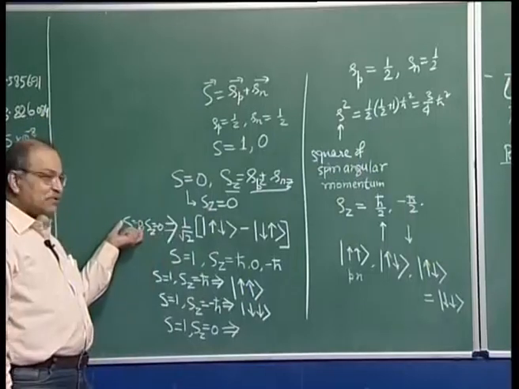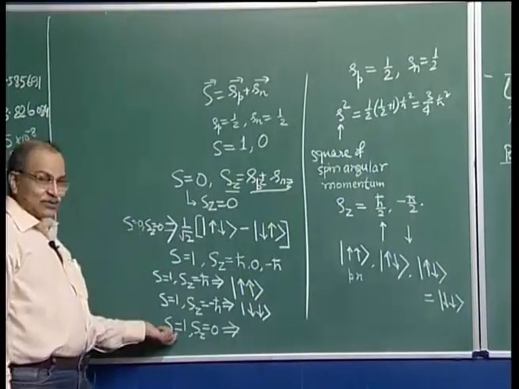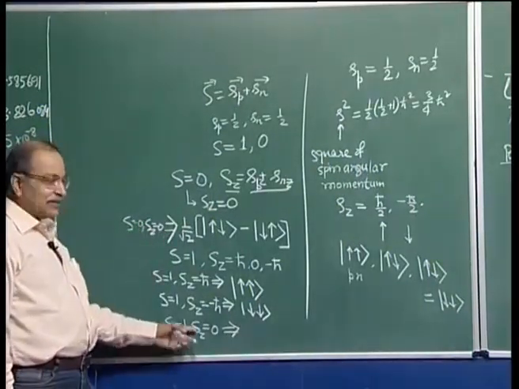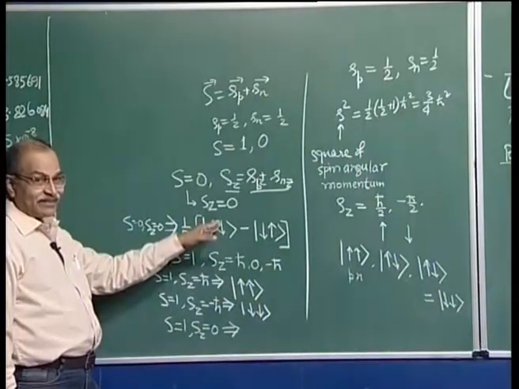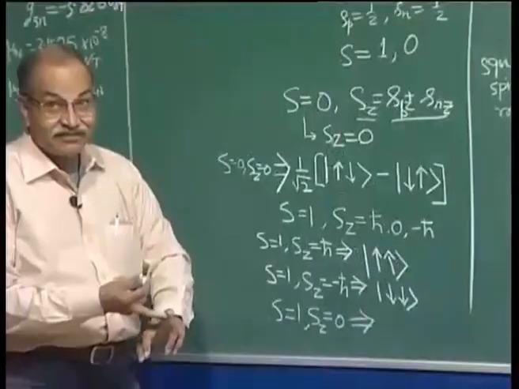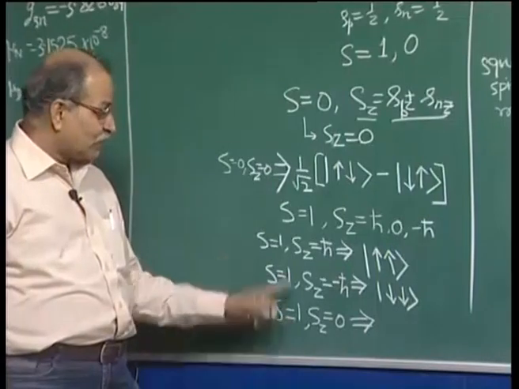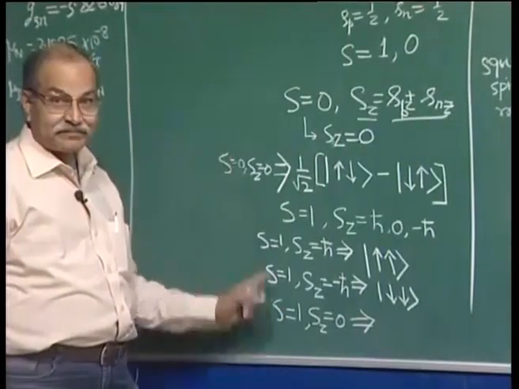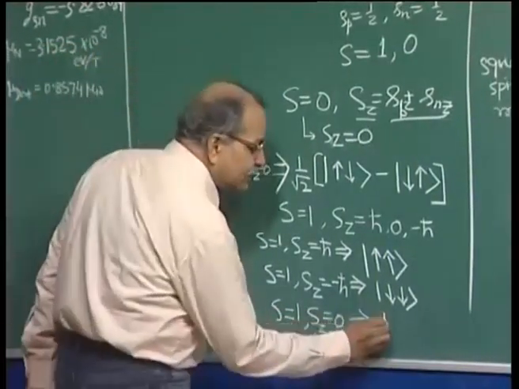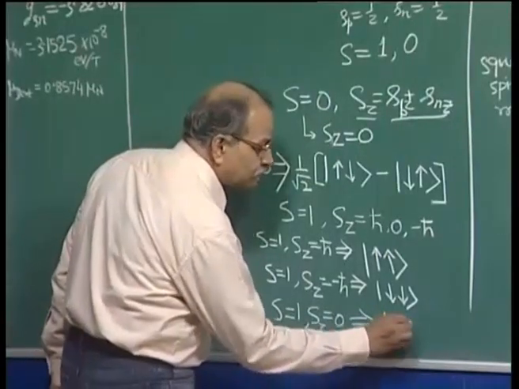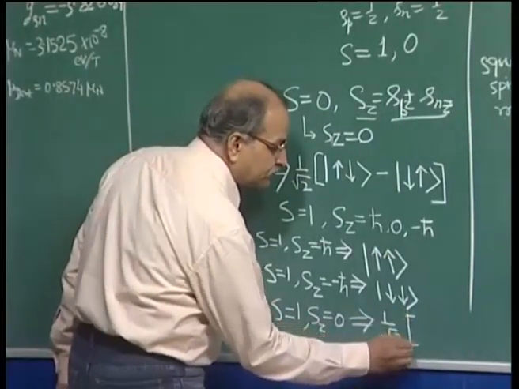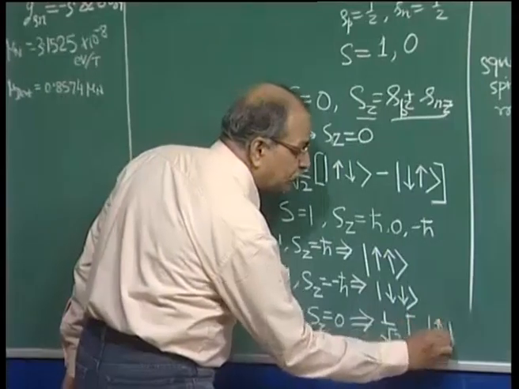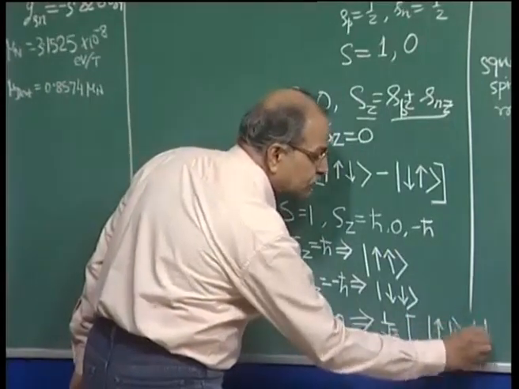This is S equal to 0 and this is S equal to 1, although Sz is the same. So, this state is different from this state. In fact, they are orthogonal, because at least one quantum number is different. So, this combination is 1 by root 2 and then up down plus down up.